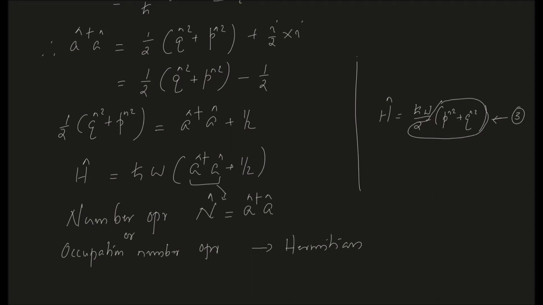Even though a and a dagger are not Hermitian operators, the product of these two is Hermitian. Now this is called number operator since it counts the number of energy quanta in units of h cross omega associated with this system, so that we will see soon.